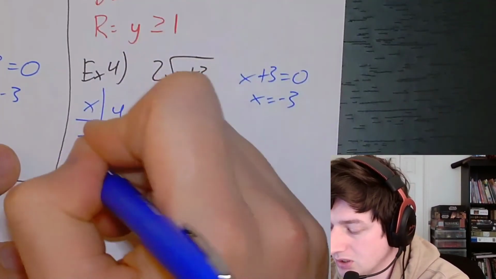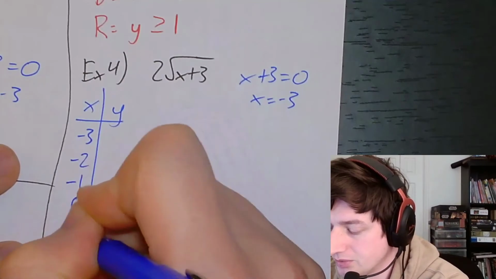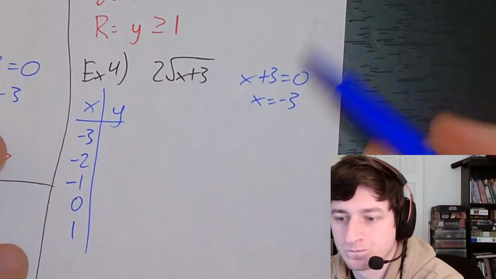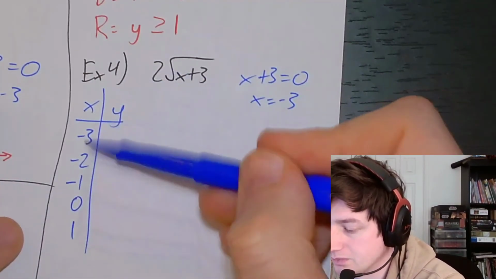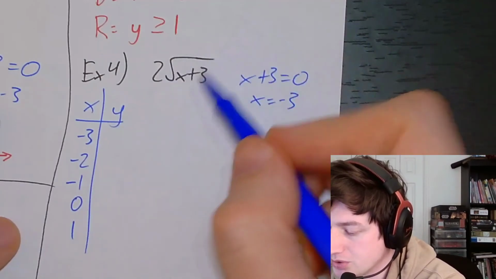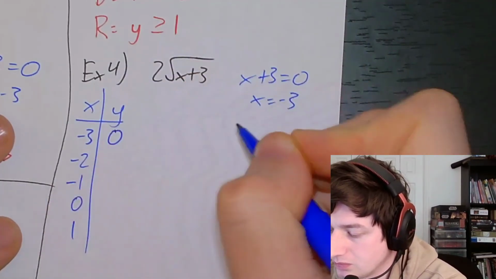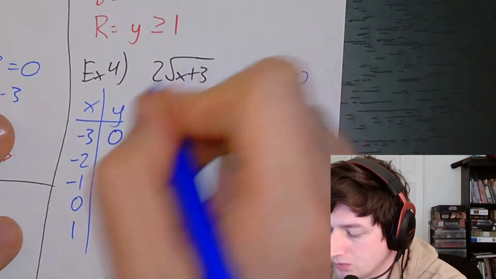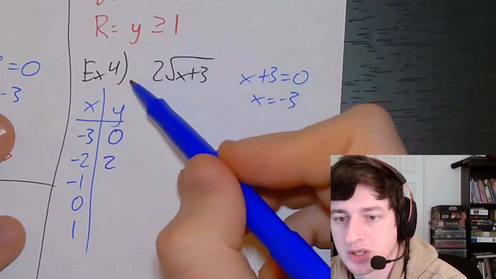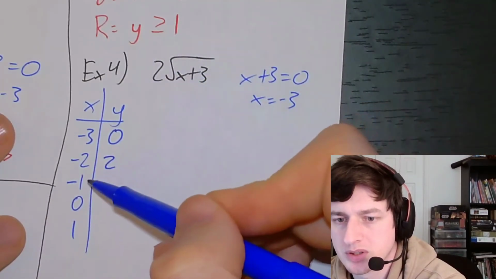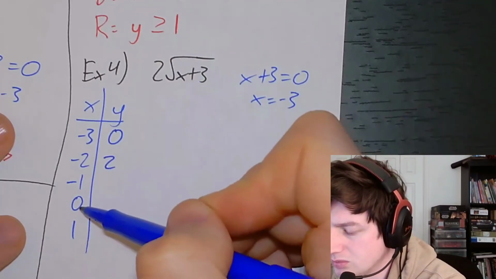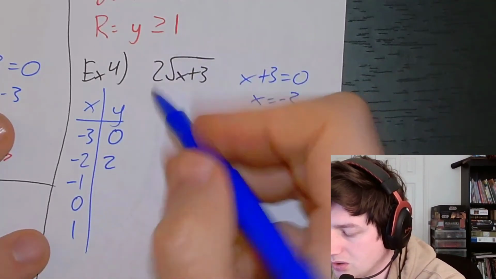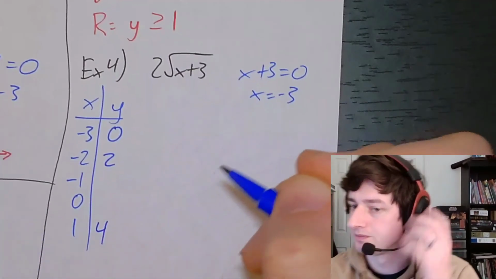So negative 3, negative 2, negative 1, 0, 1. Counting up the number line, adding 1 each time. So this is going to give me a 0. Plug this in, we get 1, we get a 2. 2 times 1. Plug this in, we get 2 root 2, 2 root 3, and then this one will be 4.